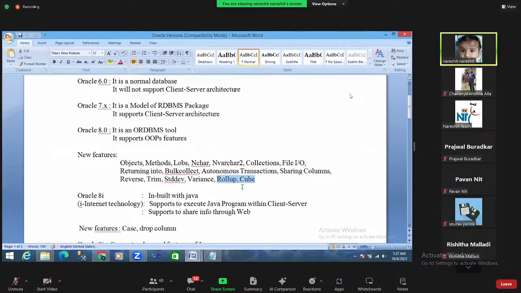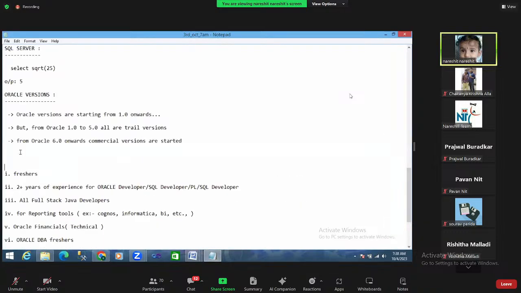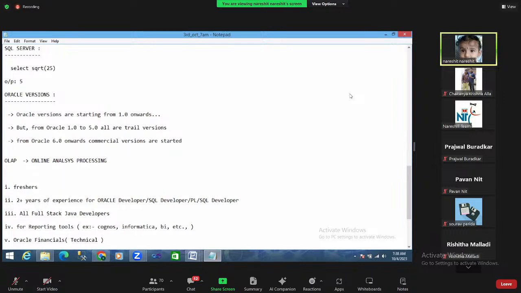These functions are also called OLAP functions. OLAP stands for online analysis processing.